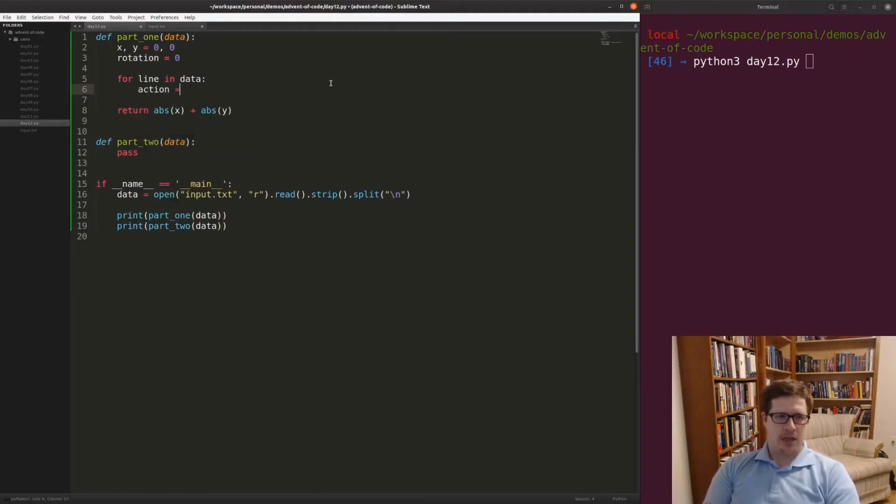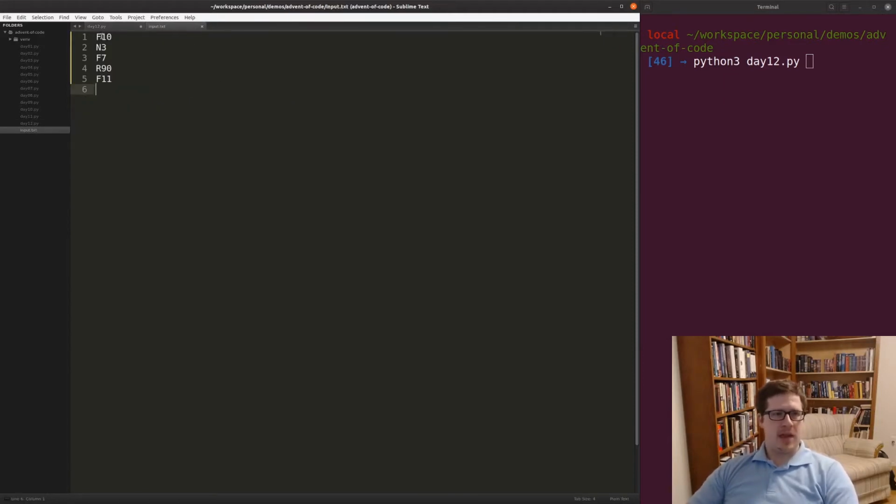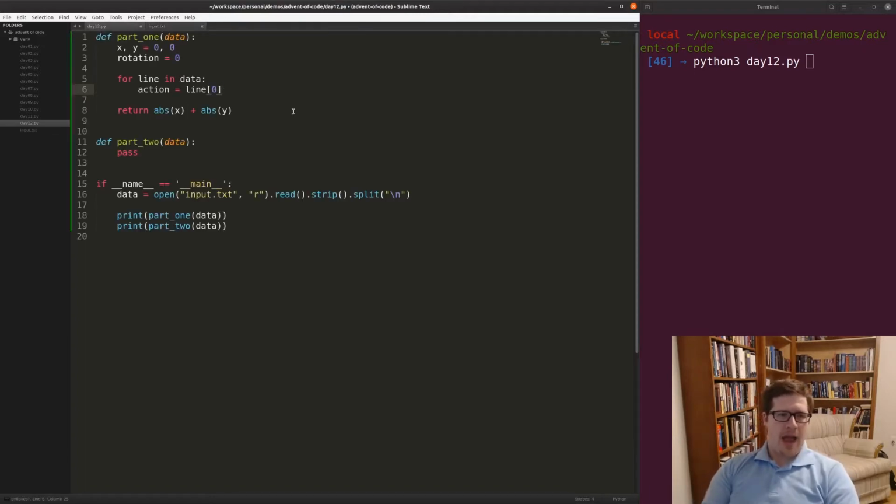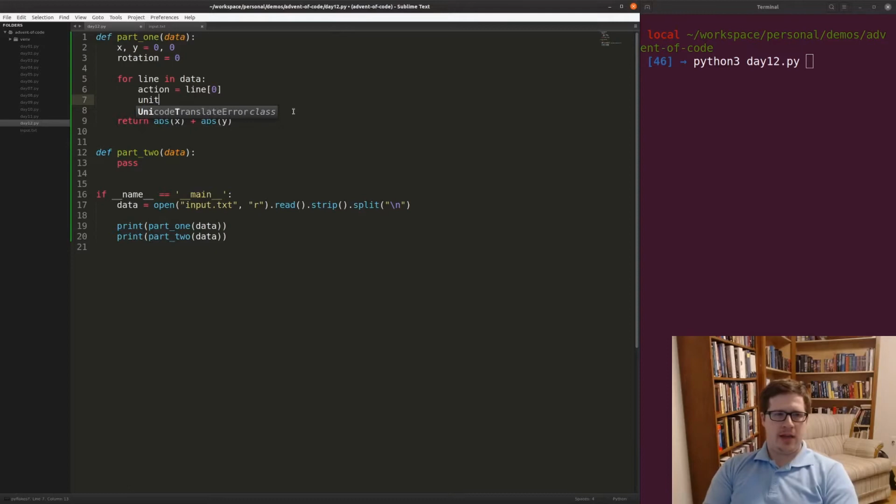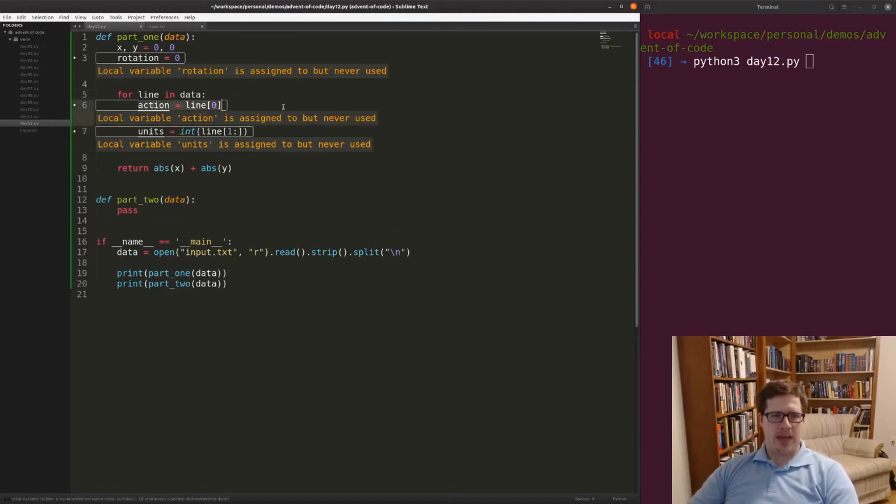The action is going to be the very first letter in the line, so it'll be F, N, F, R, F. And then we've got our units, which is going to be the integer of line from index 1 all the way to the end, so the characters following the action all the way through the end.